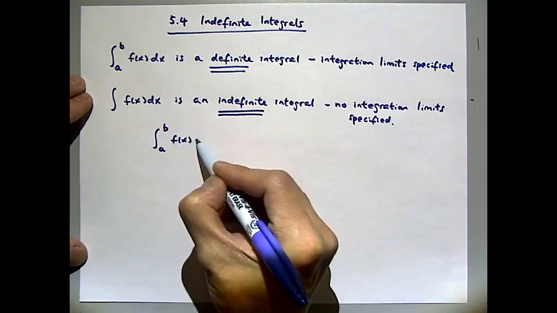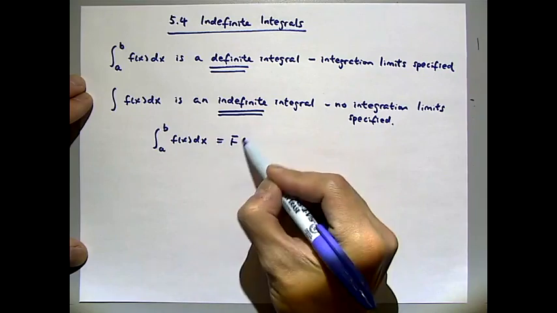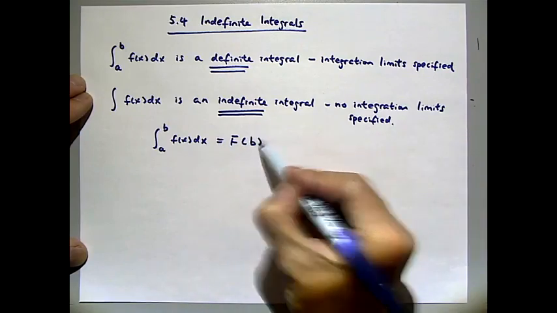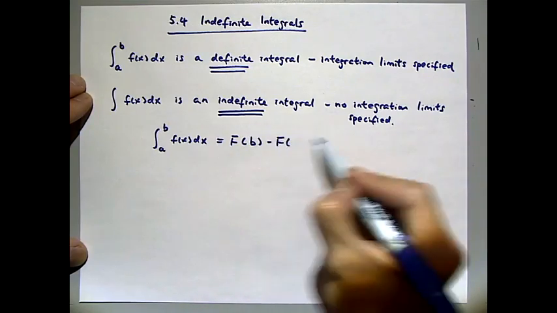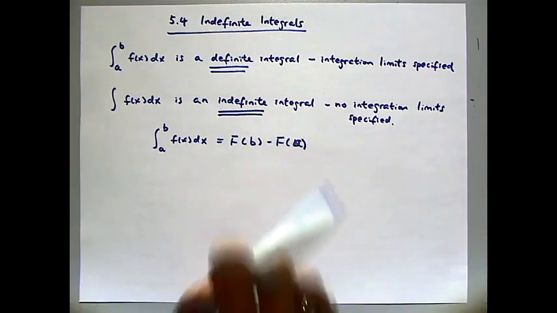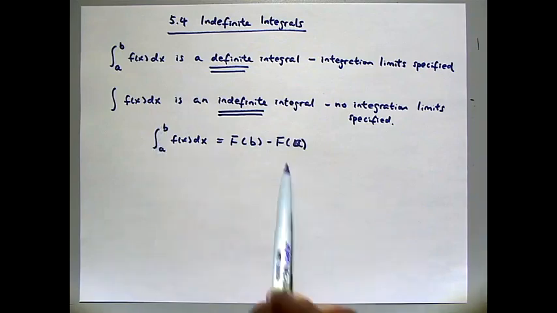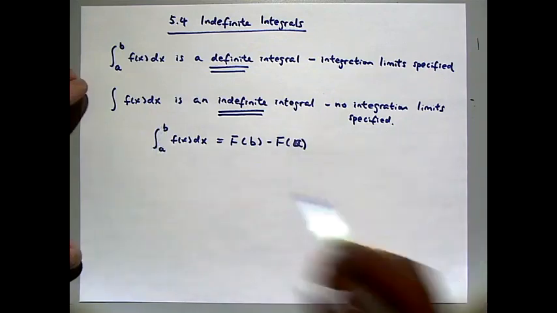FTC2 tells us that the definite integral is simply the antiderivative of the function at b minus the antiderivative at a. When you take away the integration limits, you're still dealing with the antiderivative.